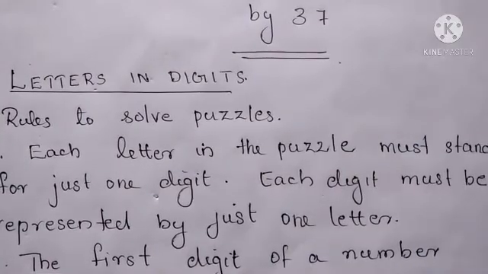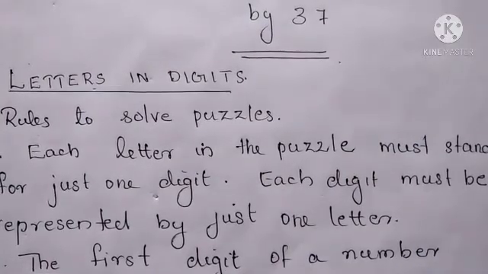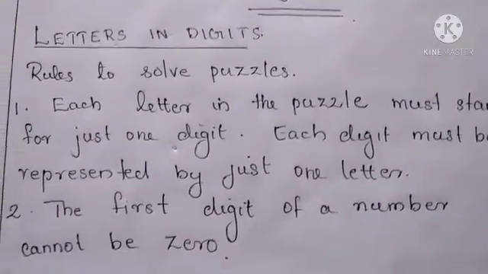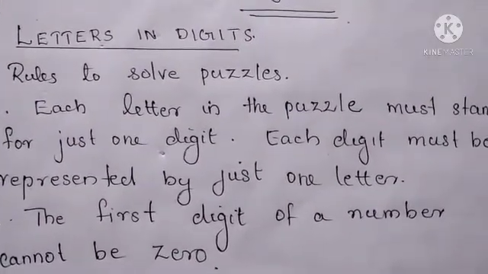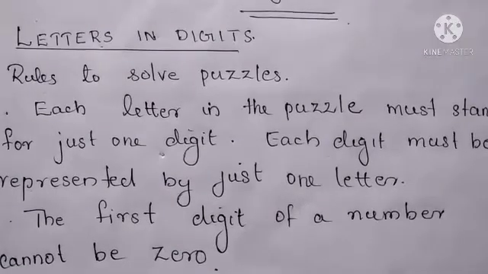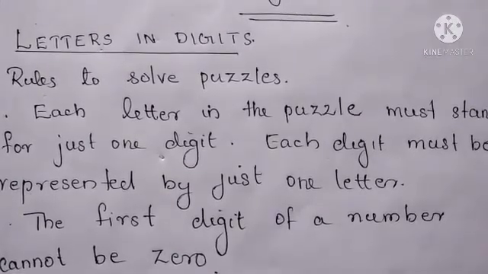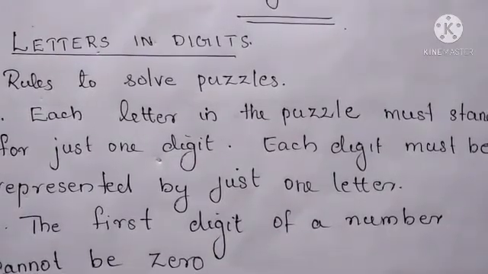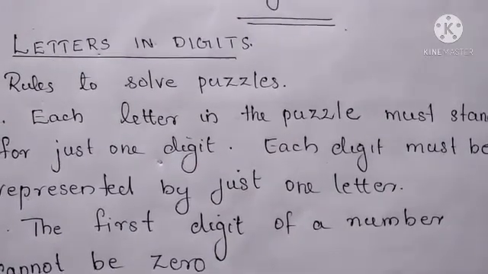That is, for 1 letter, 1 digit. That is the first rule. Second one, the first digit of a number cannot be 0. Every time the first digit should be a non-zero digit.